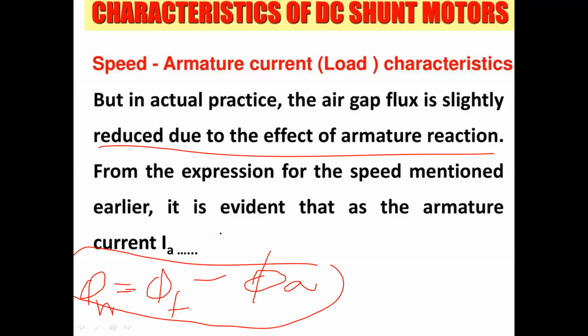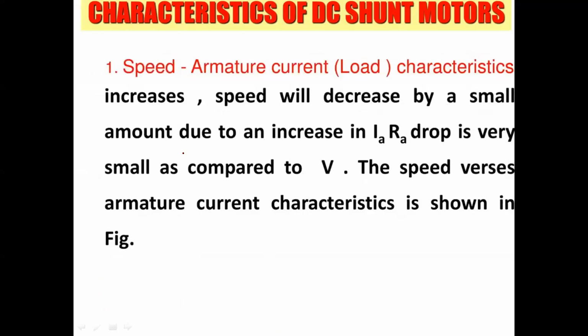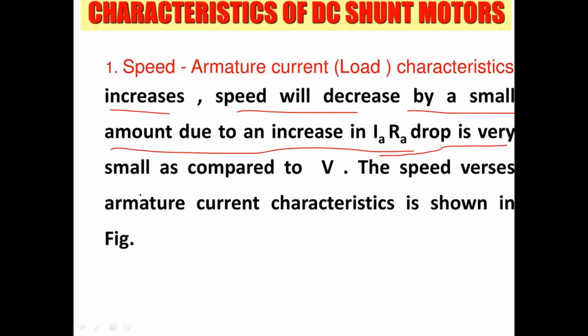Therefore, as armature current increases, speed decreases by a small quantity due to armature reaction drop and armature resistance drop. Compared to V, that is very small.